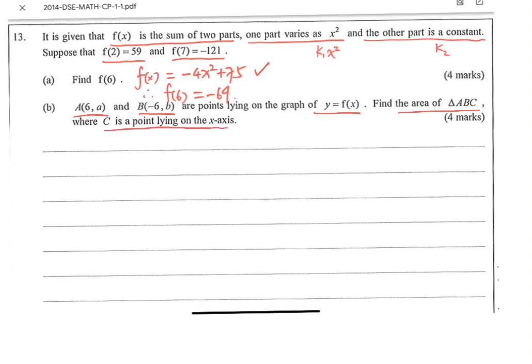For this part, we must know the situation, so we need to draw the graph. We need to know how to draw the graph, okay? So f(x) equal to negative 4x squared plus 75. Because negative 4 is smaller than 0, this parabola opens downwards. And we need to check delta, b squared minus 4ac.